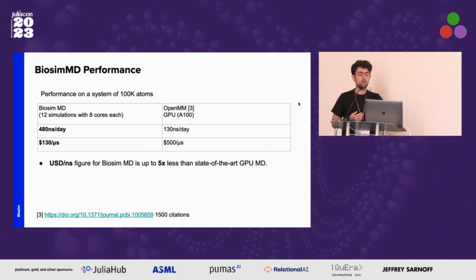So in this case, we run 12 simulations on 8 cores each, and per microsecond of simulation, BioSim will be about 5 times cheaper than the GPU code that OpenMM runs. And also keep in mind that, as I said earlier, you want to run many smaller simulations, and CPUs generally are more available than GPUs. So we believe this is the way to move forward.